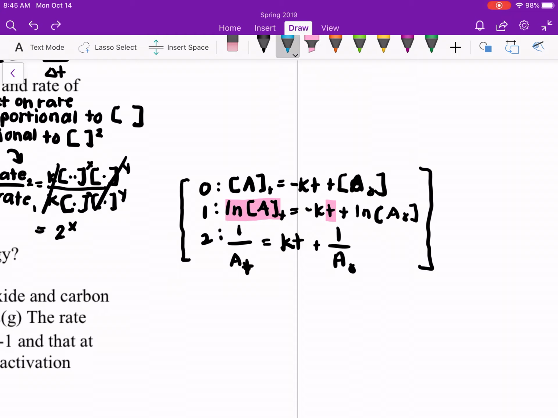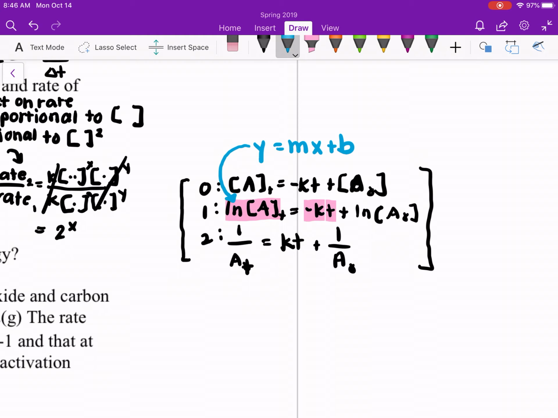It would be asking about the order. If it says a plot of ln of [A]t over time, that means ln of [A]t is my y-axis, and this equation looks like y equals mx plus b, right? So I would know that if something has a y-axis of ln of [A]t and it's linear, that reaction is first order.